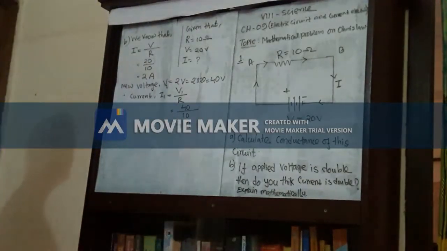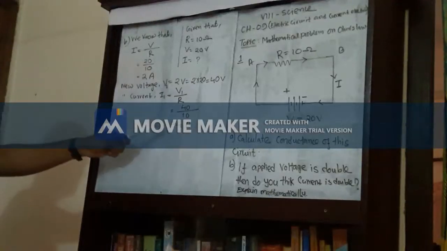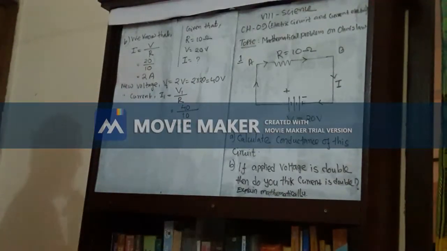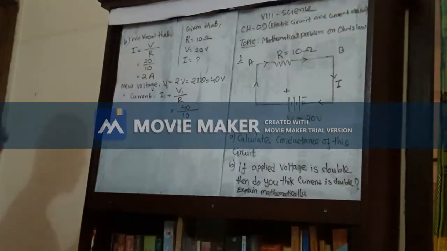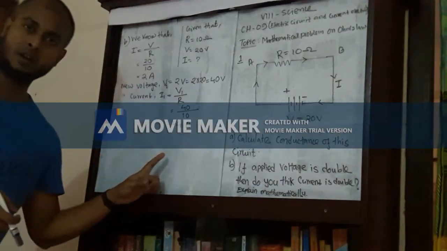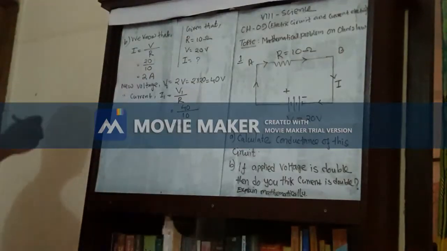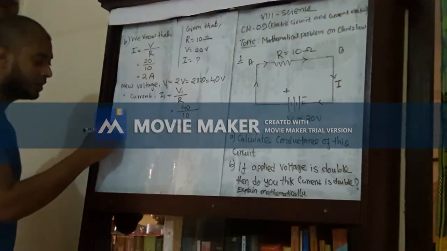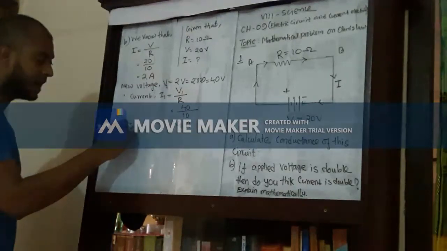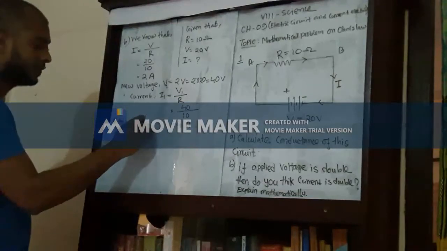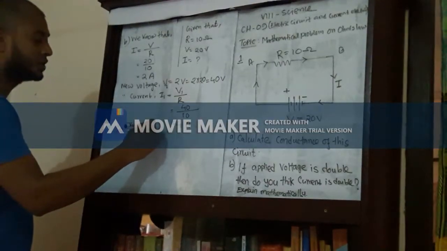Now what's in this? You see, here the current is double than that of its previous current, but you need to show this. You need to show here I1 is double than that of I. So the ratio of I1 to I will equal to 4 by 2, equal to 2.